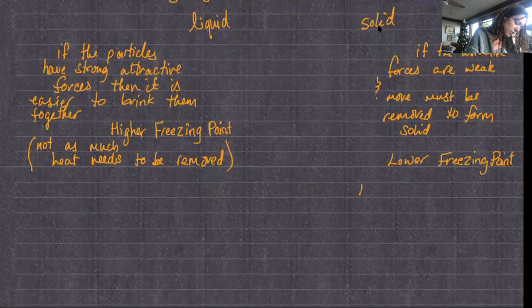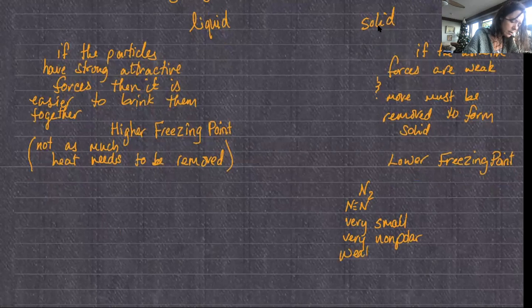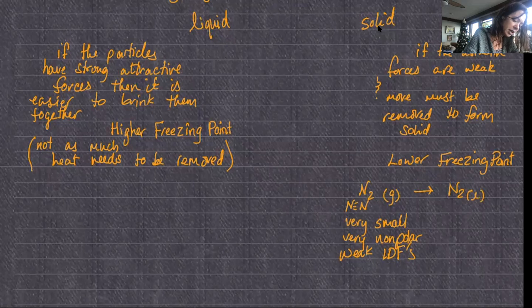Think of nitrogen as a very non-polar compound, very non-polar, very small. And what we see is it's got very weak London dispersion forces, right? Weak LDFs, London dispersion forces. So in order to turn gaseous nitrogen into liquid nitrogen, you've literally got to get this, right?